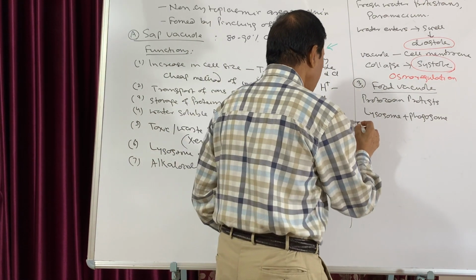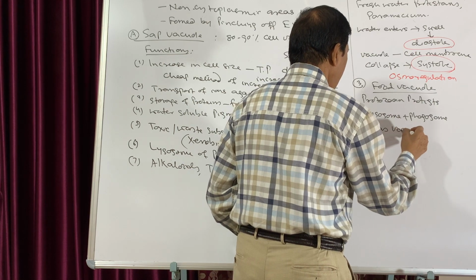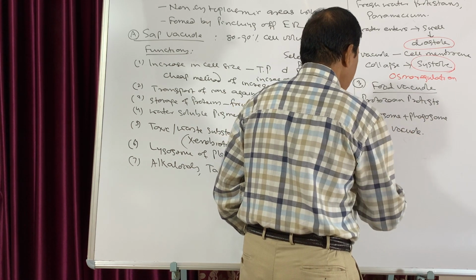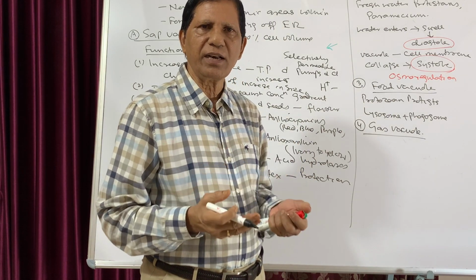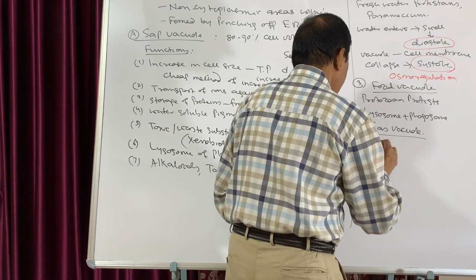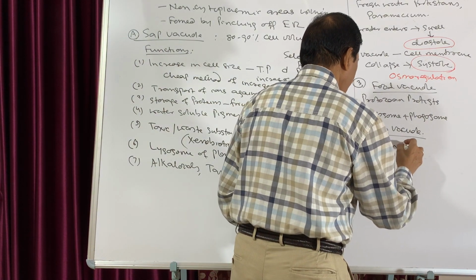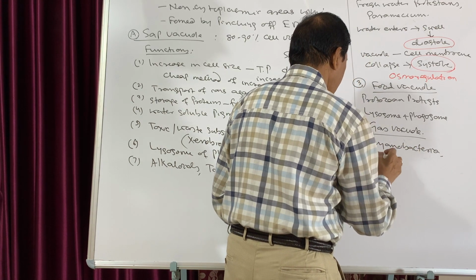Then there is a fourth type, known as the gas vacuole or air vacuole. This is usually present in some prokaryotes like cyanobacteria and photosynthetic bacteria.